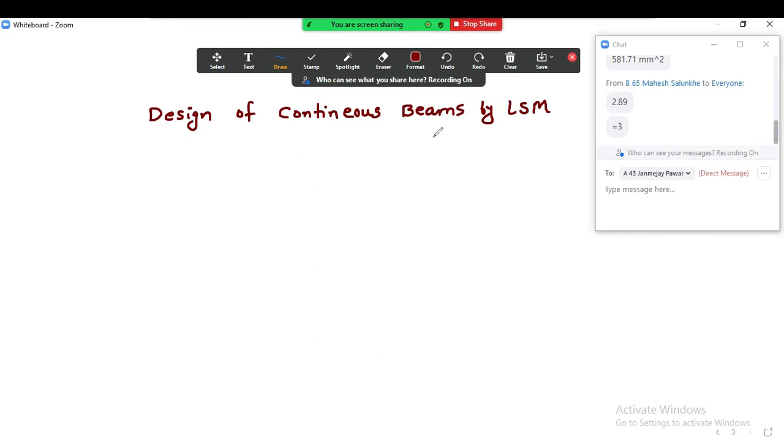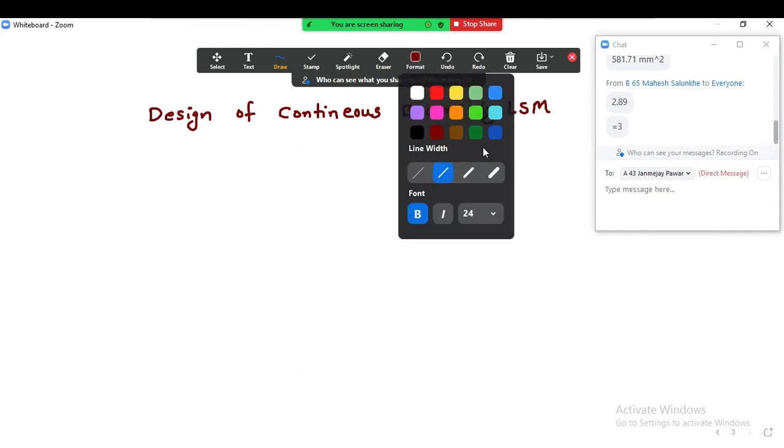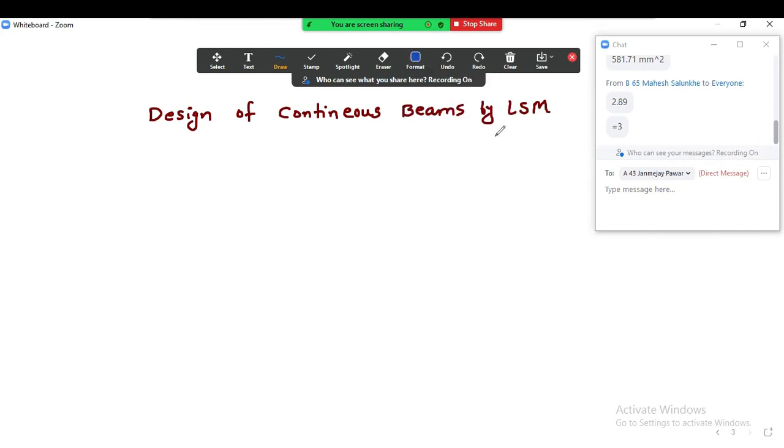Okay, design of continuous beams by LSM.